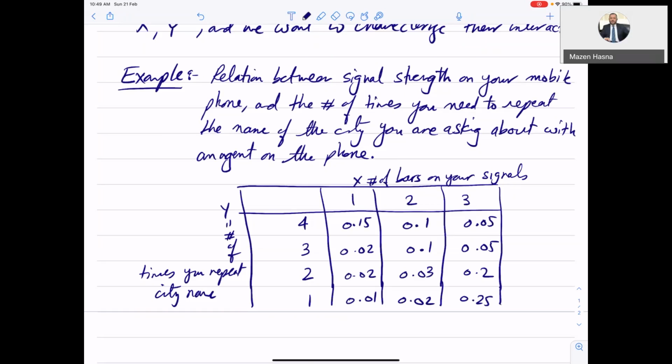As you can see, let's look at this table. If 3 means strong signal, so if you have a strong signal, the highest probability is that you will need to repeat the city name only once. If you have a weak signal, it's a high probability that you will need to repeat the city name 4 times, and so on.